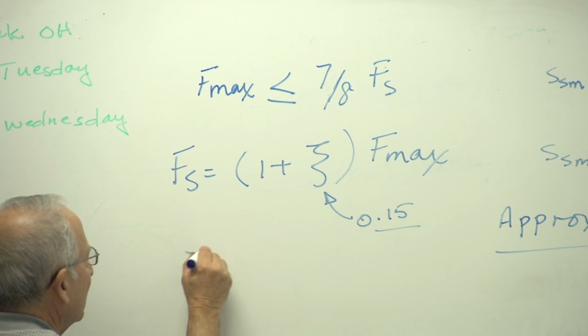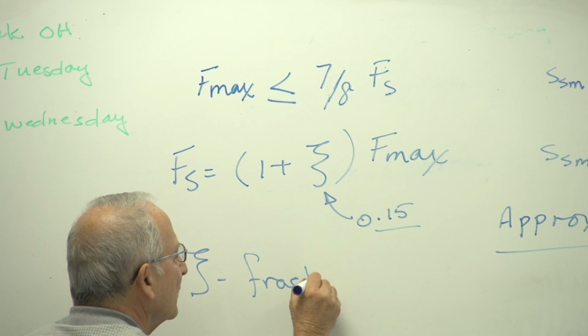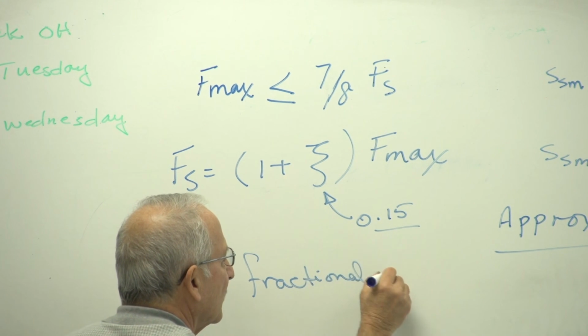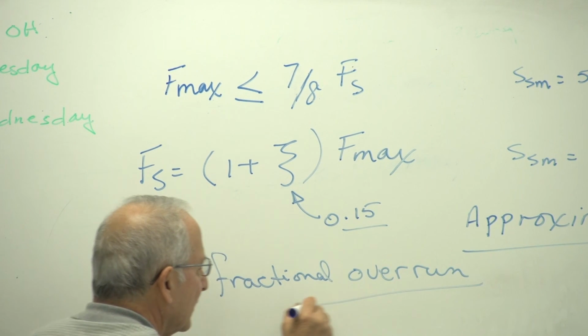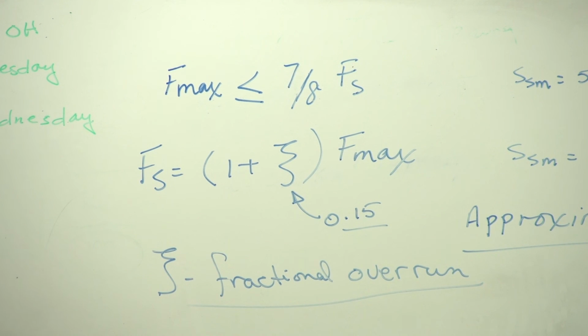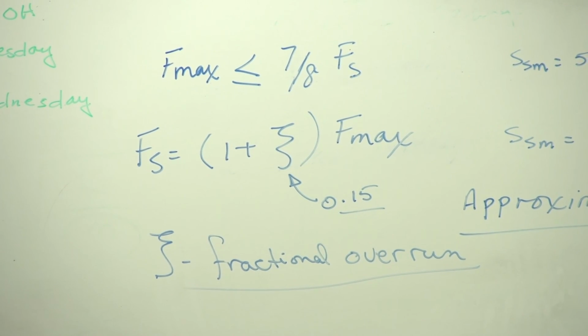This value, this C, is called fractional overrun. Meaning, how much should you increase the maximum load before you get to solid load? That's basically what it means.